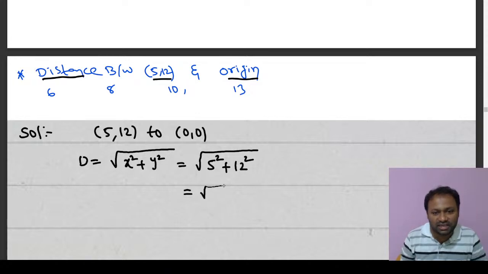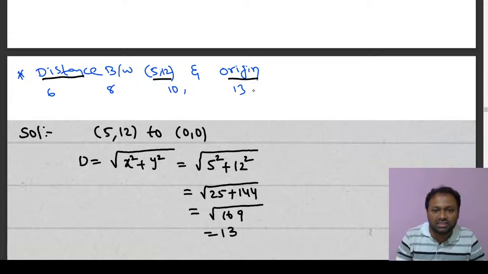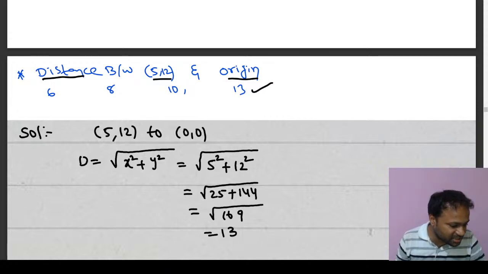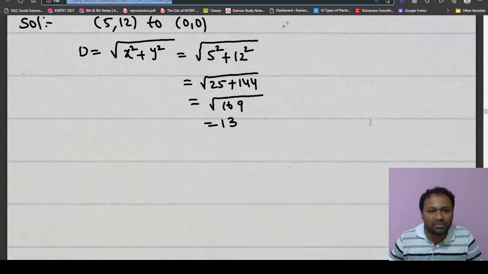So answer: under root of 5 square is nothing but 25 plus 144, that is equal to under root of 169. I think this is 13. Your answer is correct, exactly correct. 13 is correct.